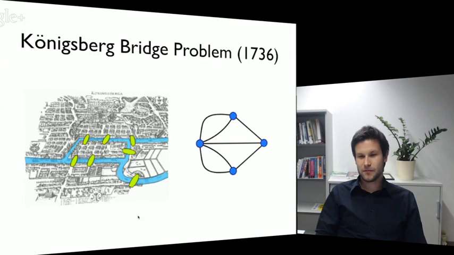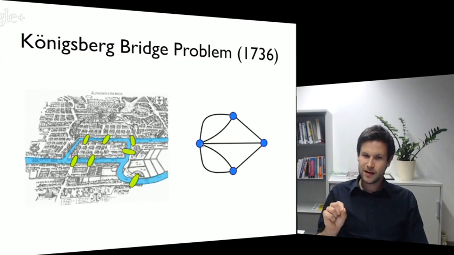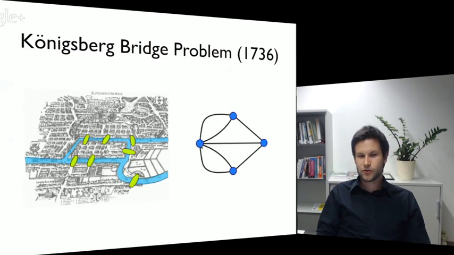He collapsed it to just have nodes, these tiny round objects here, and the bridges are connecting the nodes. Yeah? And this way he was actually able to show that it is not possible to visit all parts of the city by just crossing each bridge once. Yeah? And that was one of the first examples of graph theory applied to a problem.